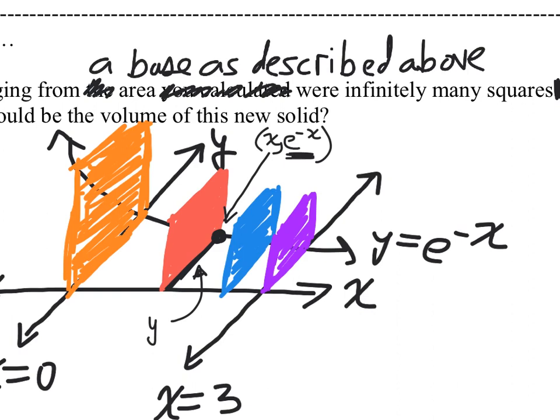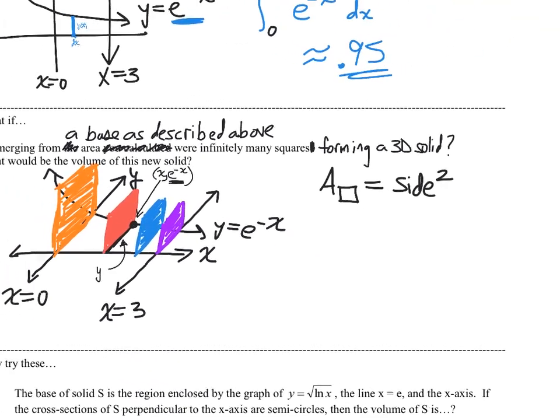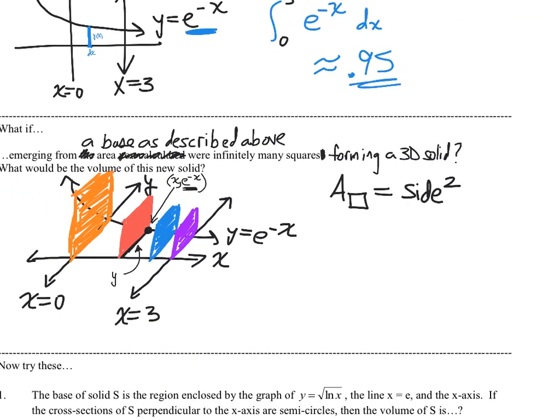So I have the length of the side. E to the negative x, if I square it, I have the area of the square. I can clean it up if I want. E to the negative 2x, power to a power, multiply the powers.